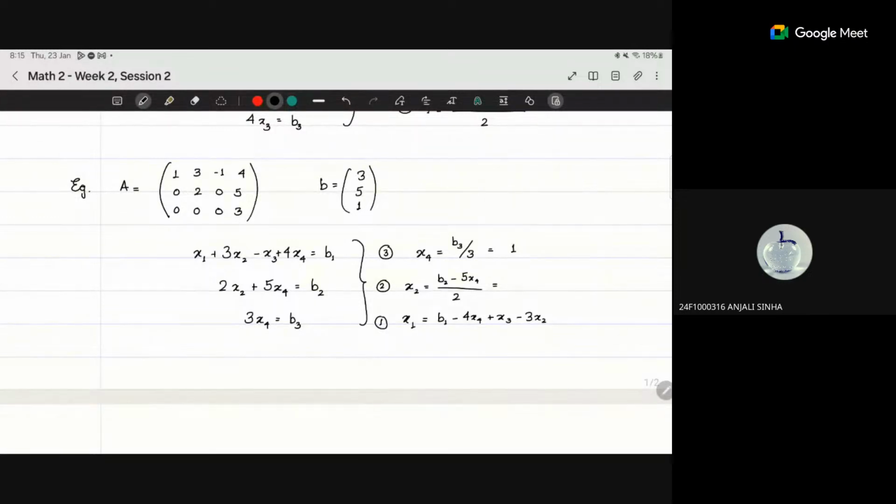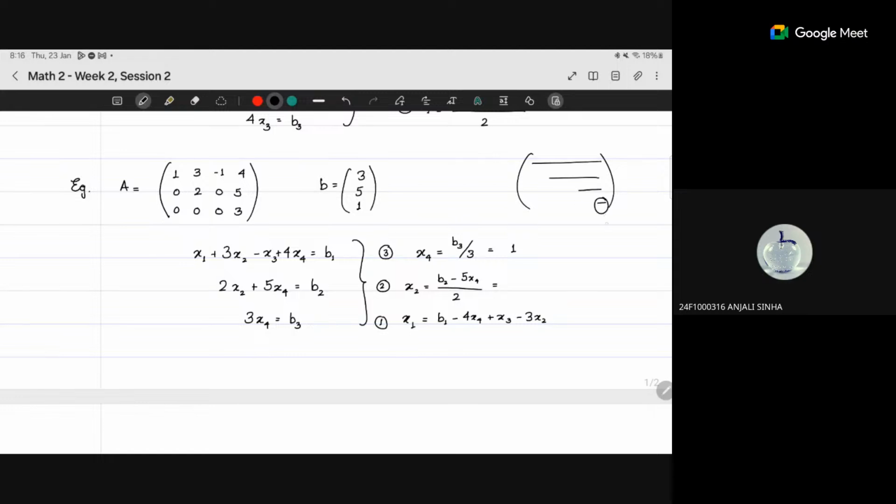Right now, I'm just giving you examples to say that if I have zeros over here in a certain pattern, like in the lowest equation you have only one variable that you can determine, and over here you have just one more, and so on. So you can keep determining things once you have this sort of arrangement. You have maximum non-zero entries over here, and lesser non-zero entries below.